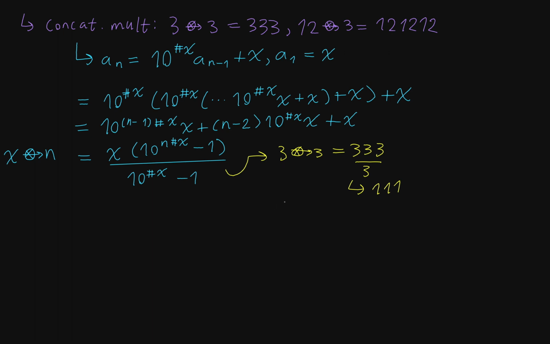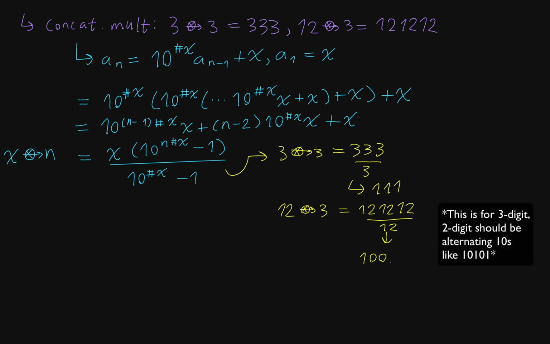But then if we also want to consider something with 2 digits, for example, again the 12 concat multiplied 3 times, we want this to be 1, 2, 1, 2, 1, 2. And then also if you divide this by 12, what you're going to get is this sort of pattern where you have 100s now repeated. So it's 100, 100, and then 1.